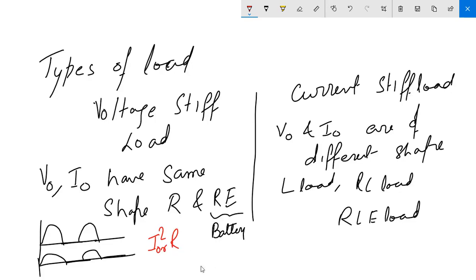For RE load, it is I naught square R plus I naught into E. So for this you use the RMS value, and for this the average value. For calculation of current stiff load, we will use the formula P naught equals V naught into I naught, that means the average value of the voltage and the average value of the current.